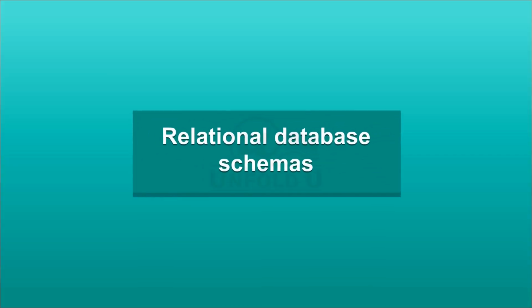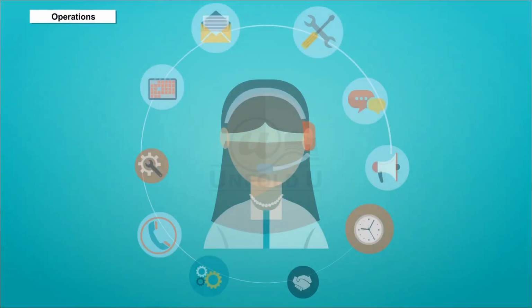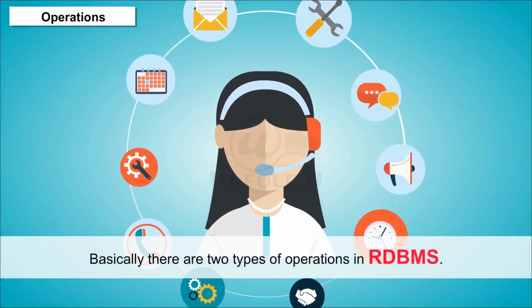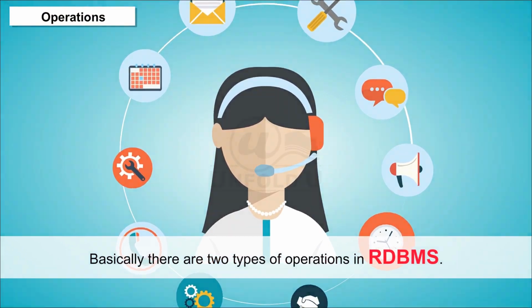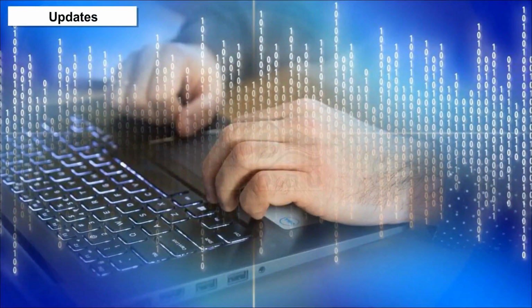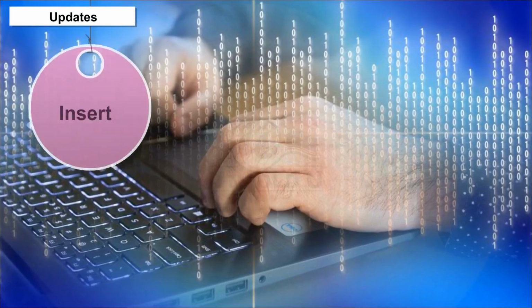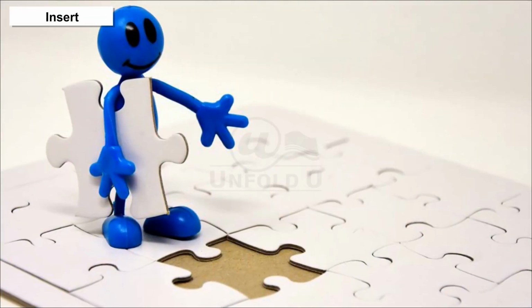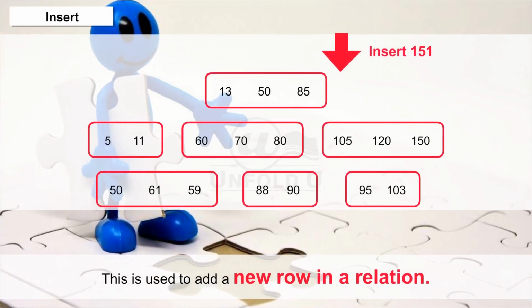Relational database schemas. Operations. Basically, there are two types of operations in RDBMS: updates and retrieval. Updates. There are three types of updates given below. 1. Insert. This is used to add a new row in a relation.